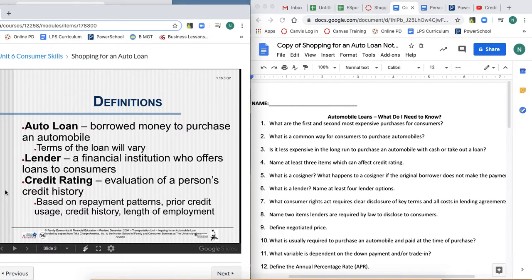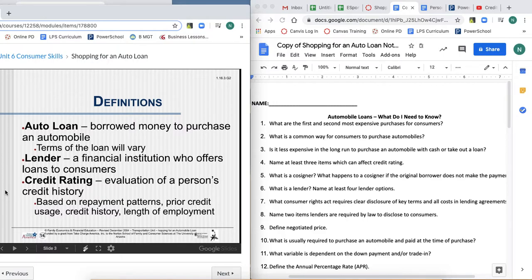The lender is the financial institution who offers the loan to consumers. This could be a bank, or a different type of financial institution, maybe a credit union, or specifically an auto loan lender.